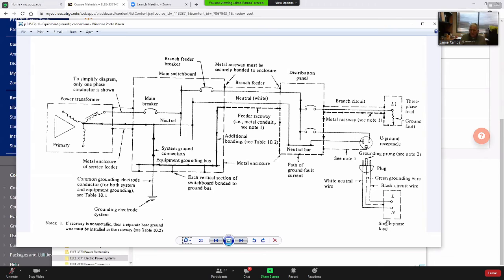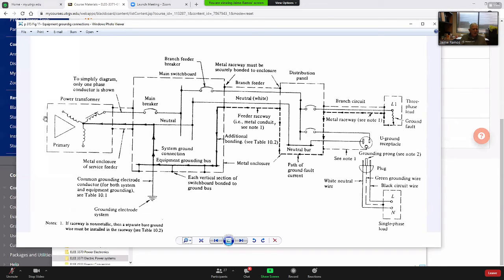So the dashed lines are for the receptacles, the metal non-electric parts. All lines which are broken or dashed mean that they are the enclosures. Okay, so we have an enclosure on the main panel.